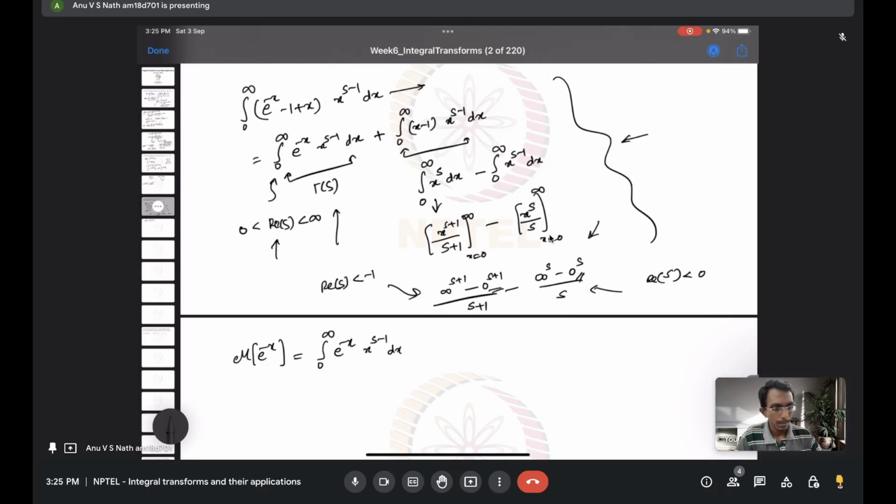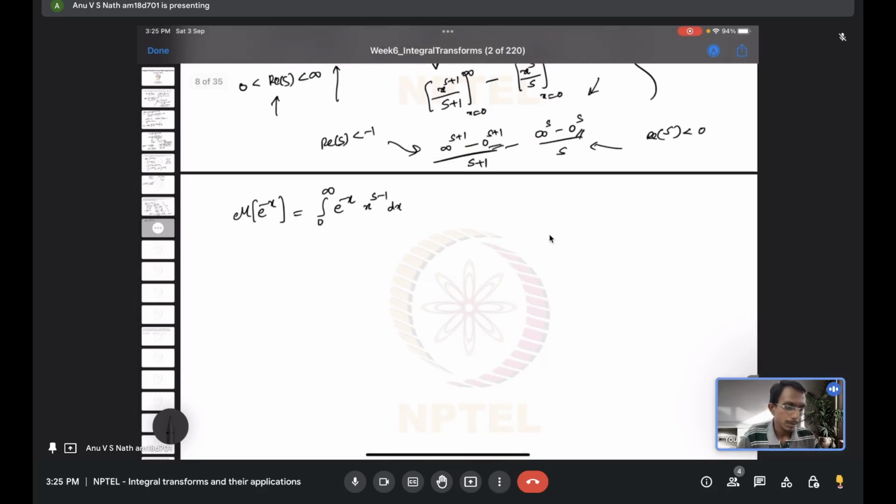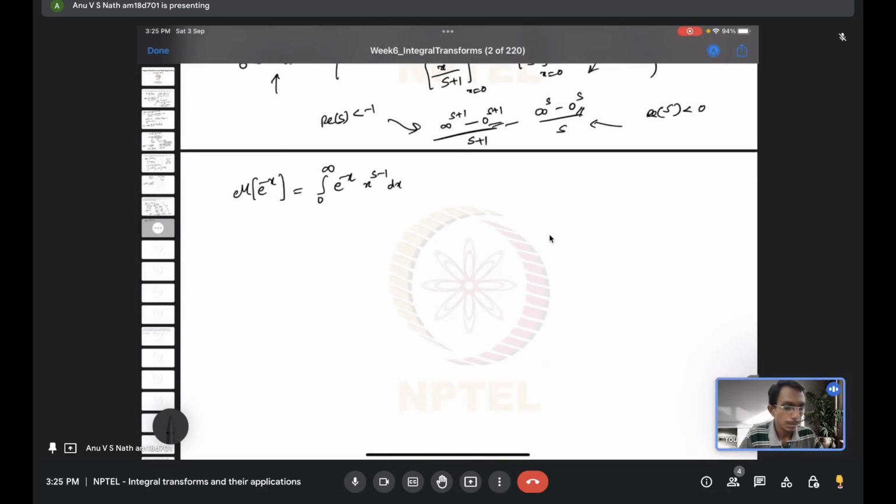No, sir, no. Okay. So the Mellin transform of the exponential function, like I said earlier, is just this integral, and we know it's a gamma function, and it is going to converge in this interval.